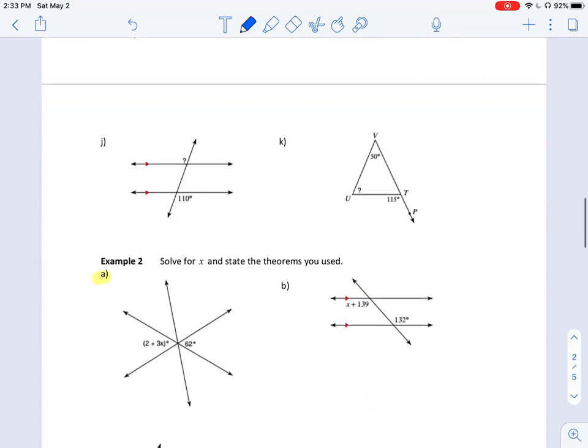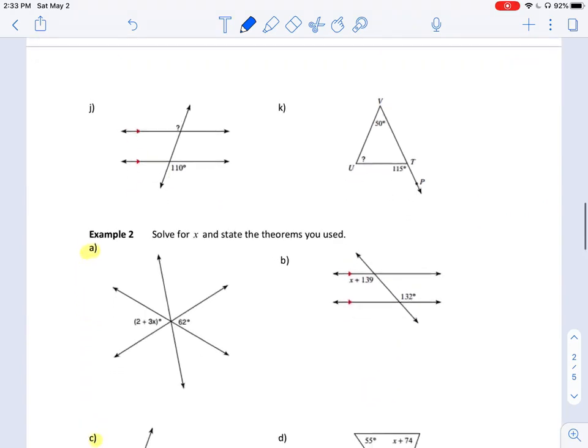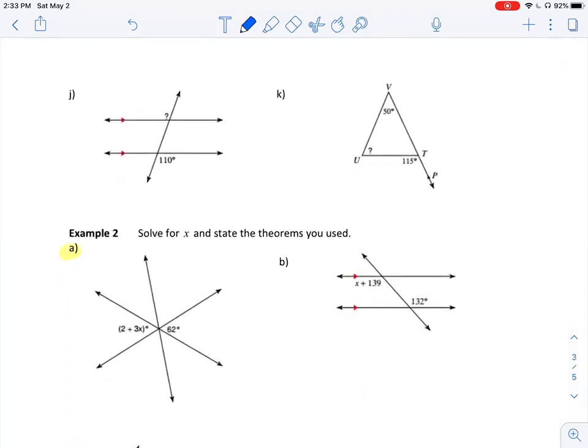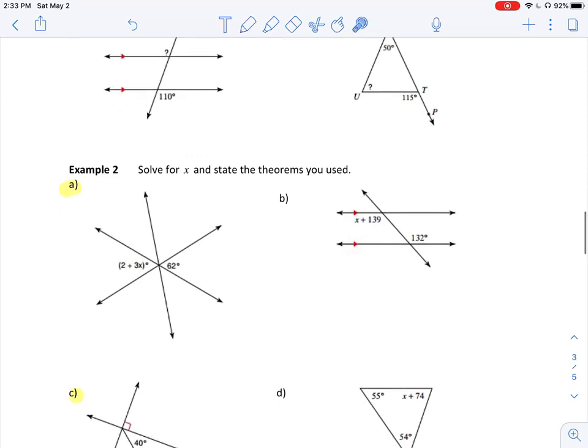Let's go down. Example 2, solve for X and state the theorems that we used. Okay, so as you notice, it looks a little bit more complex than just simply finding the unknown variable. Now we have a little bit of algebra in here representing the angle relation. So we have 2 plus 3x degrees on one side, and 62 on the other. Well, I know that they're opposite.